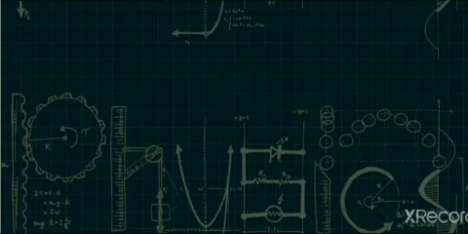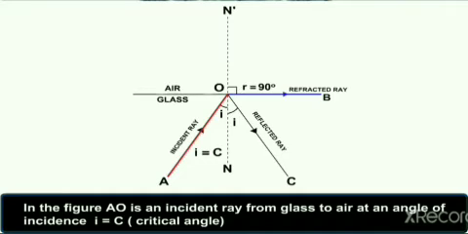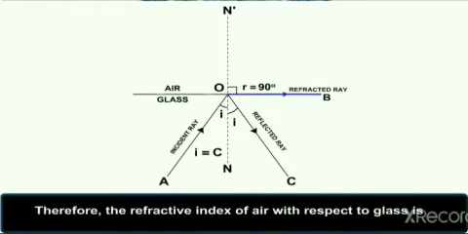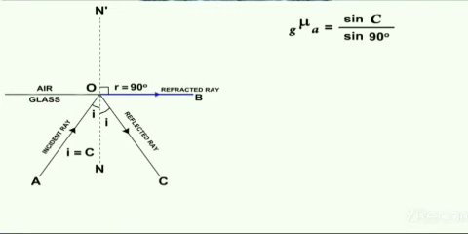Relationship between critical angle and refractive index. In the figure, AO is an incident ray from glass to air at an angle of incidence i equal to C, which is the critical angle, for which the angle of refraction is 90 degrees. Therefore, the refractive index of air with respect to glass is equal to sine C upon sine 90 degrees. But sine 90 degrees is equal to 1.